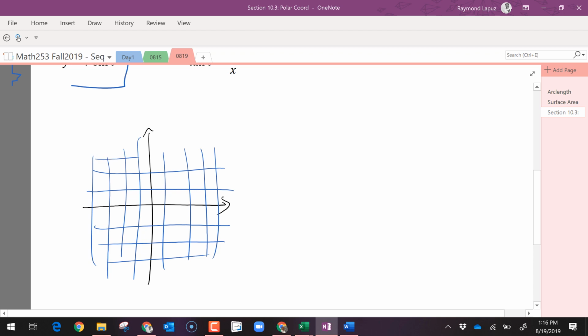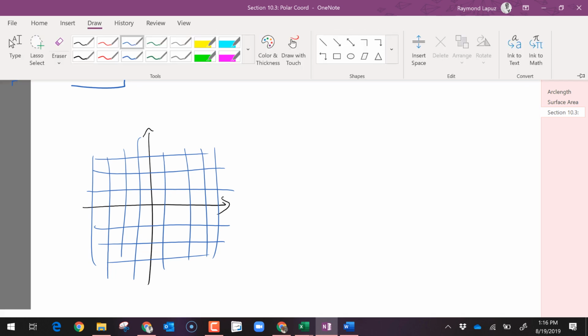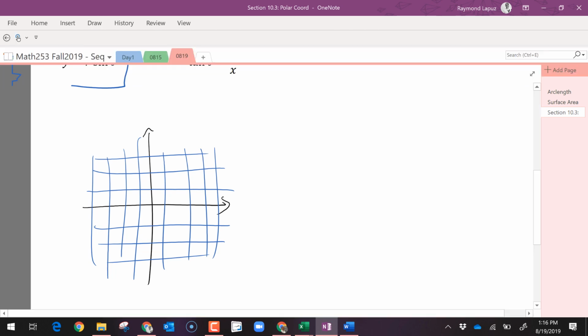You would move along the x-axis and the y-axis depending on what your point is. You move along the x, and move along the y, and then you get to that point. Sometimes this is referred to as rectangular coordinates because you're getting rectangles.